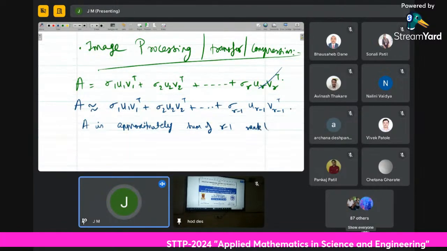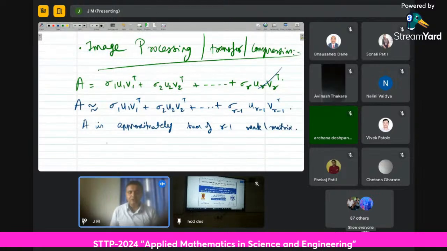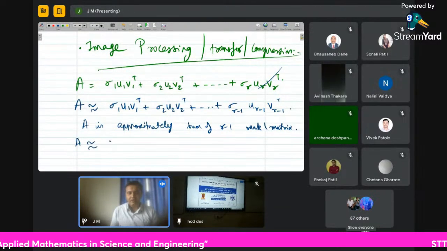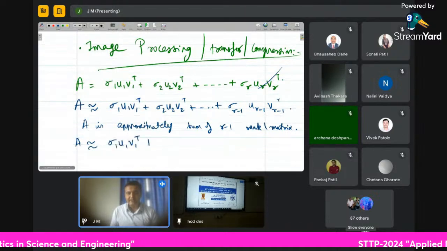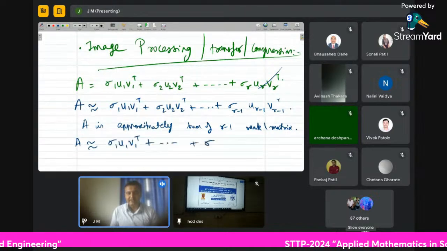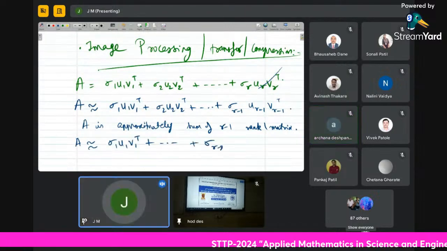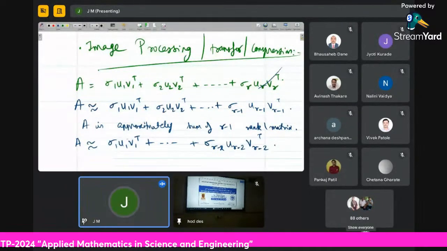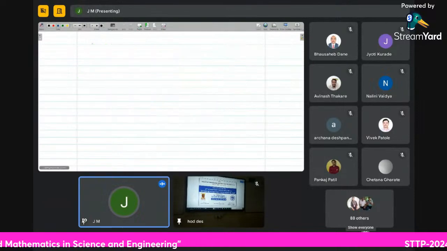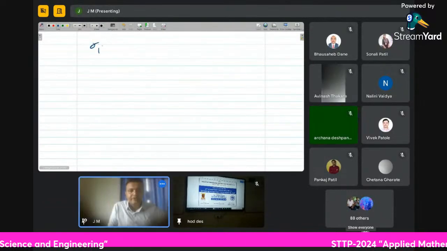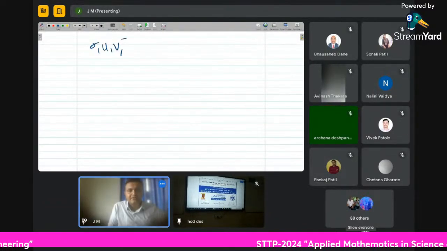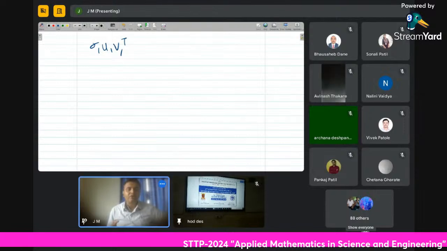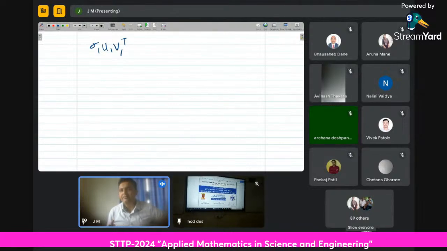Similarly, suppose you want to write it as a sum of R minus 2 rank 1 matrices. What I'm saying is, if you take only sigma 1 U1 V1 transpose, you will not get the complete matrix.